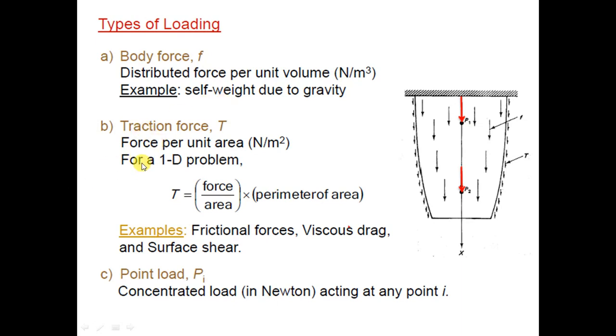Traction force is nothing but the force per unit area, Newton per meter square. So for 1D problem, T is nothing but the force upon area into perimeter of the area. For example, frictional force, viscous drag, surface shear, etc. And last one is a point load, a concentrated load, that is Newton acting at any point. So this is nothing but the point load.